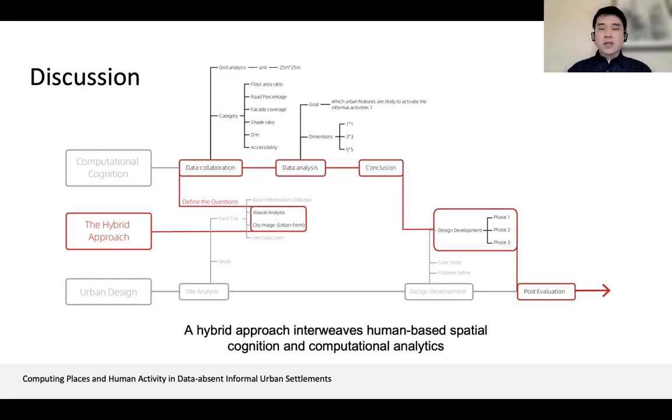Therefore, we established a hybrid approach in this project to integrate computational cognition and urban design methods for site analysis. Hopefully, as we continue exploring this topic, we will find better solutions to combine human spatial cognition with computational analytics.